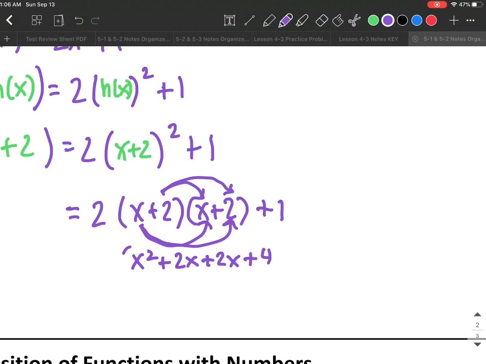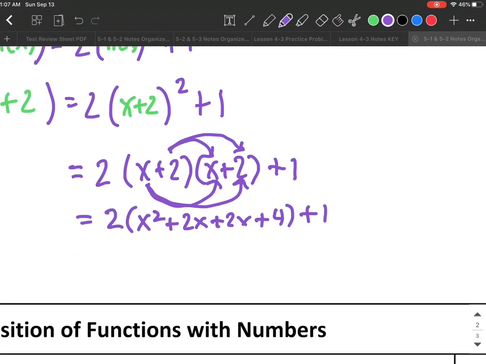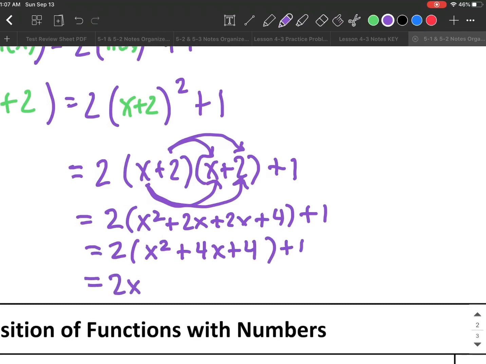So I have this times 2 plus 1. But you can simplify what's inside the parentheses. So I have 2 times (x squared plus 4x plus 4) plus 1. And that gives me, because I'm distributing, 2x squared plus 8x plus 8 plus 1.